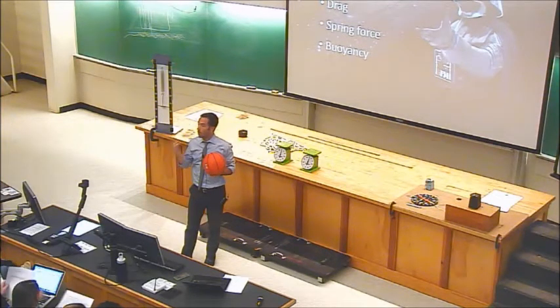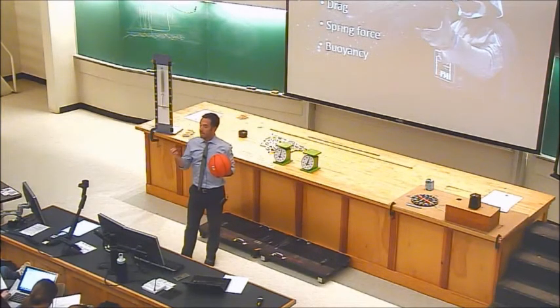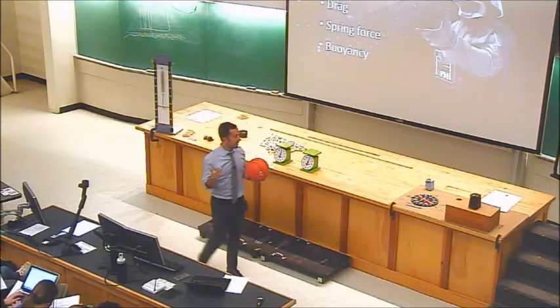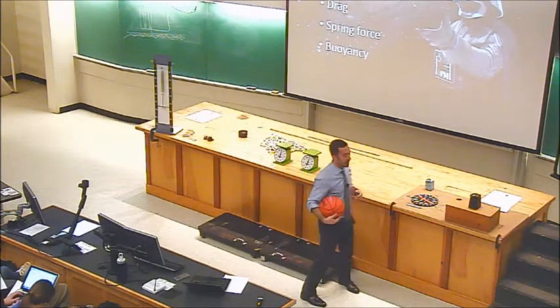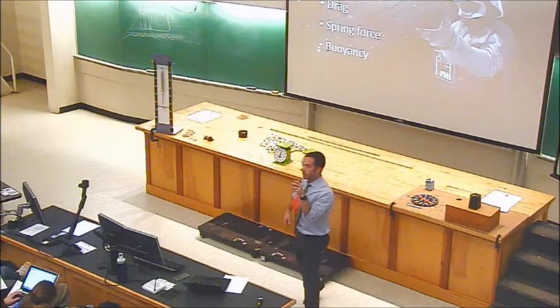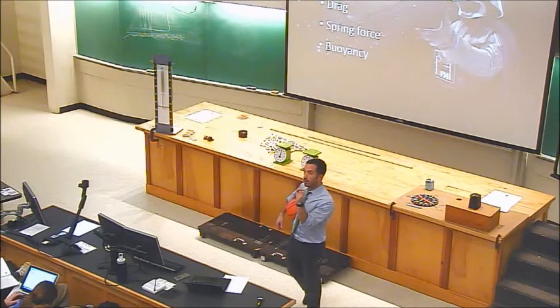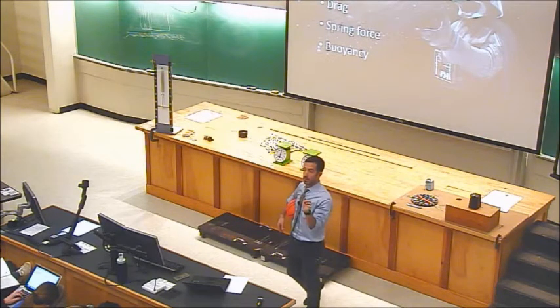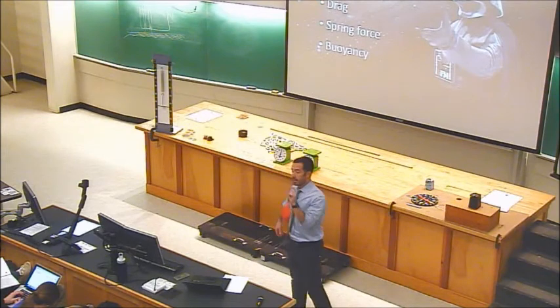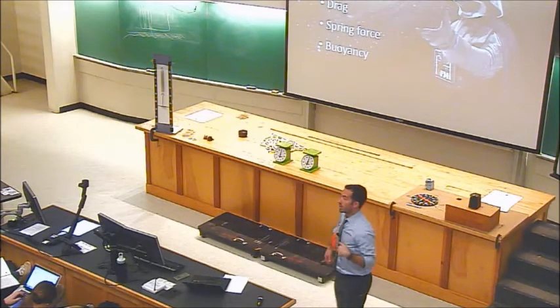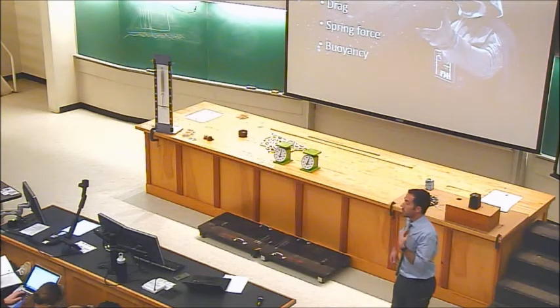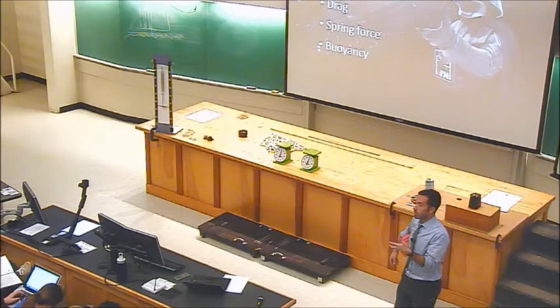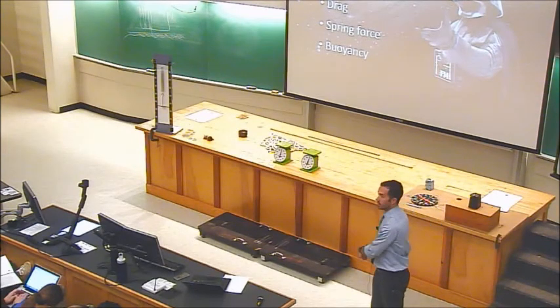Static friction is the friction between two surfaces that are stationary relative to one another. Kinetic friction is the friction between two surfaces when they're slipping. Those are two different numbers, and kinetic friction is always lower. So as soon as my tires break loose, my friction coefficient goes way down.